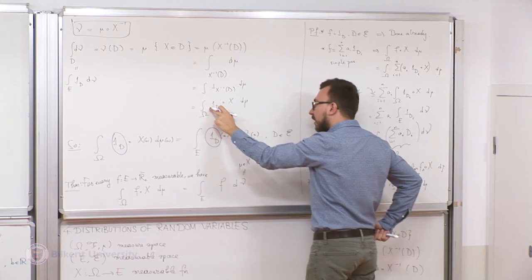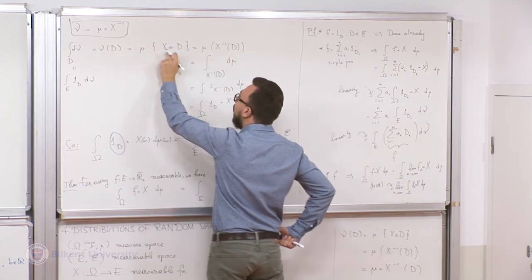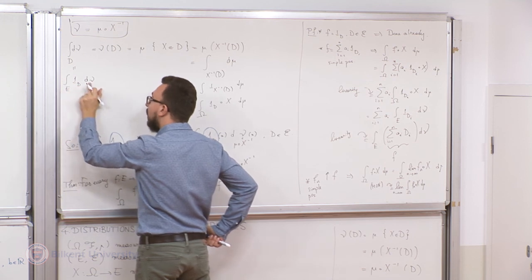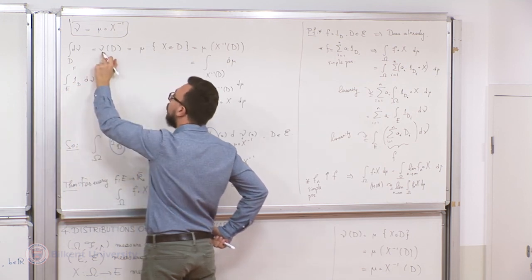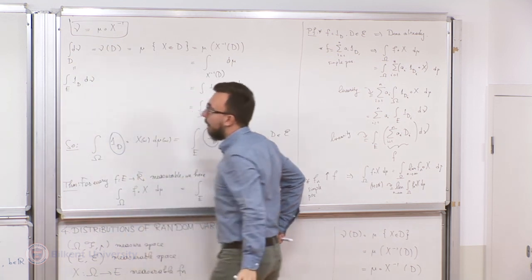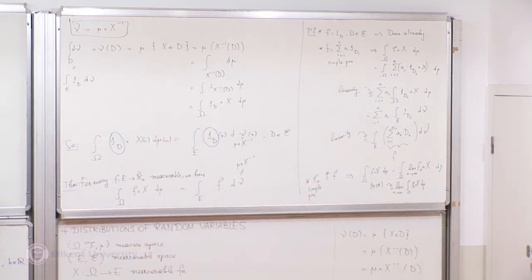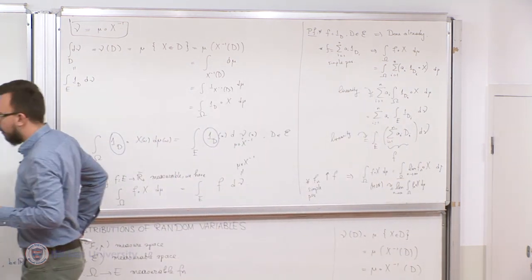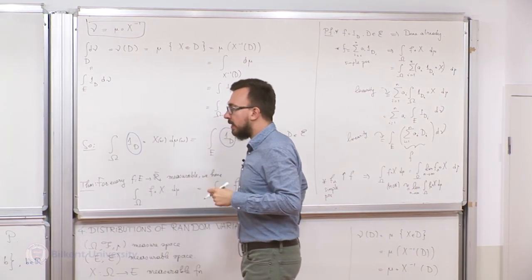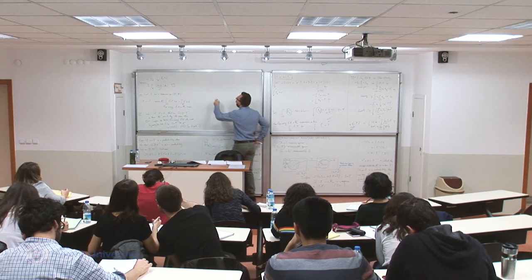This integral, indicator D applied to X d mu, is the measure that X takes values in D, whereas this integral, indicator D d nu, gives the probability or the measure that is assigned to set D. So if you have it for every D, then this means nu is the distribution of X, or the image measure of mu under X.